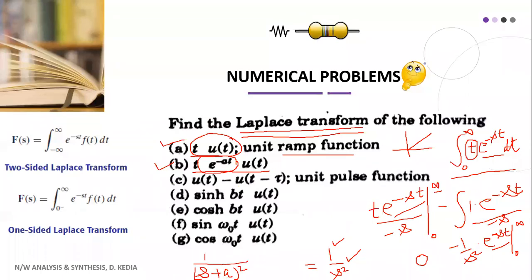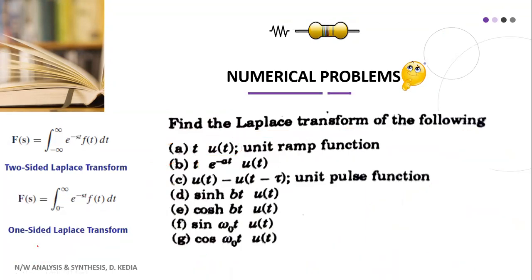This will be the answer for your second question. Just by looking at the frequency shifting property, you are able to arrive at the solution. I hope both these numericals are very clear to all of you. Now let us move forward.